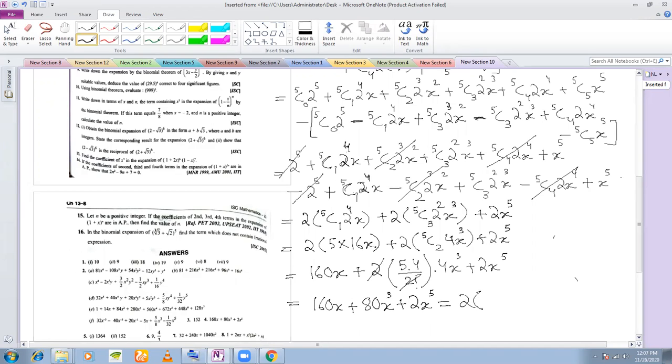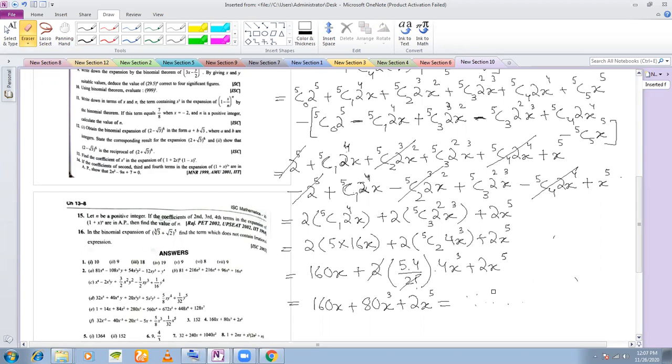You have to find it and you have to write it in what? Ascending powers of x. Ascending means from lower to higher. So this is twice of 80x plus 40x cube. Or in fact, you can take 2x common and then write it in ascending powers.